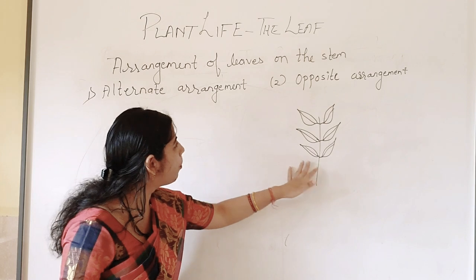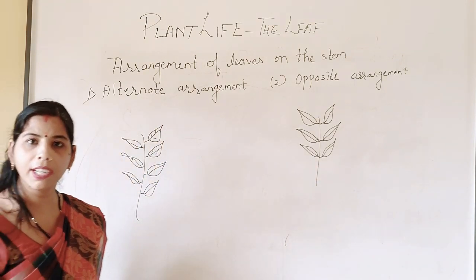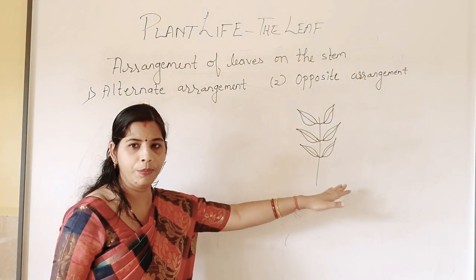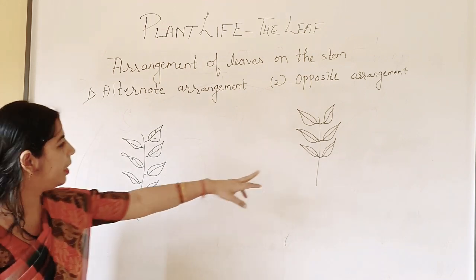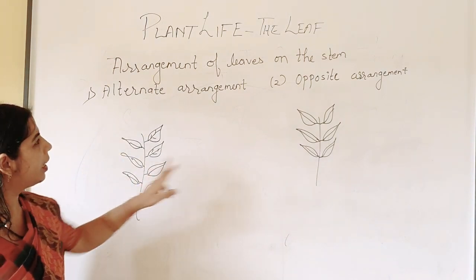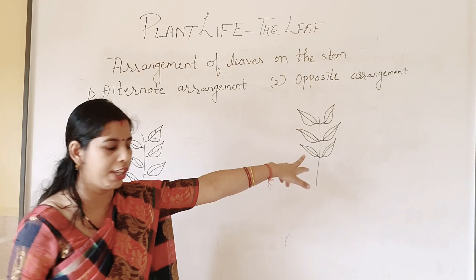So this type of pattern is present in the opposite leaf arrangement, and you can easily see the difference between the alternate and the opposite arrangement.